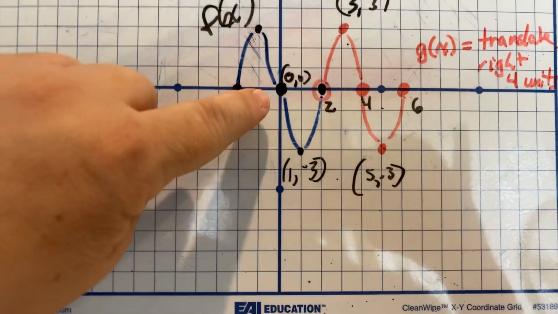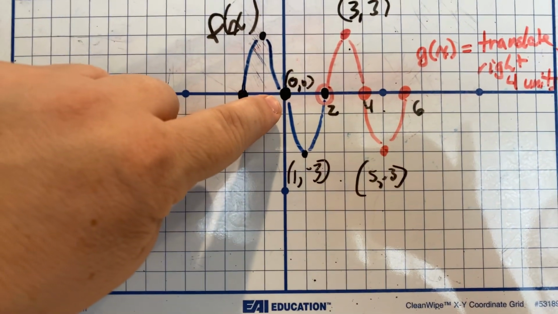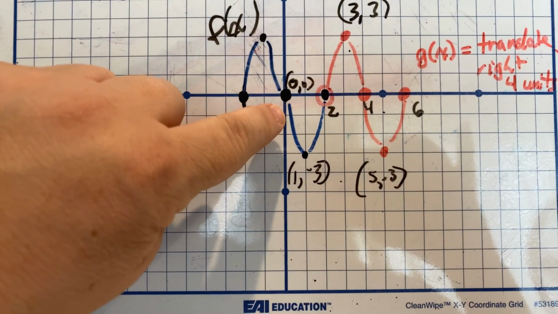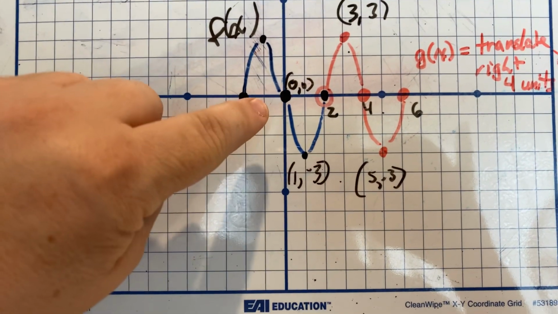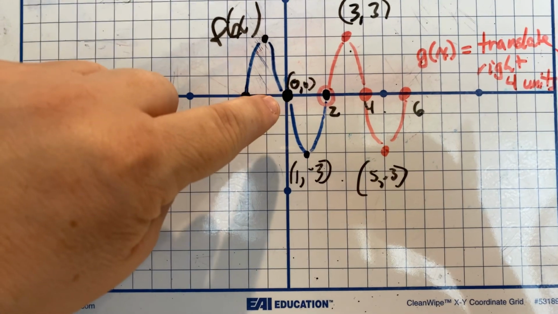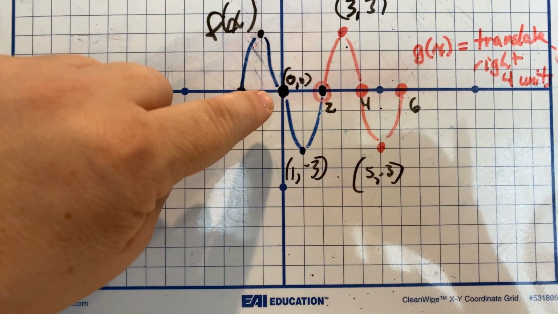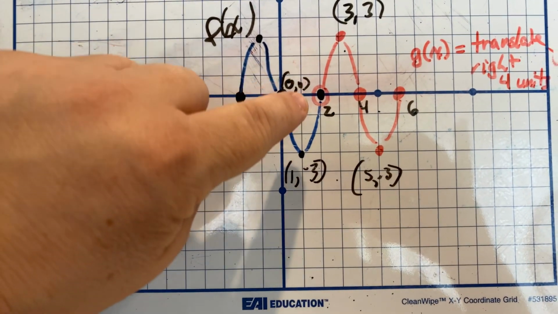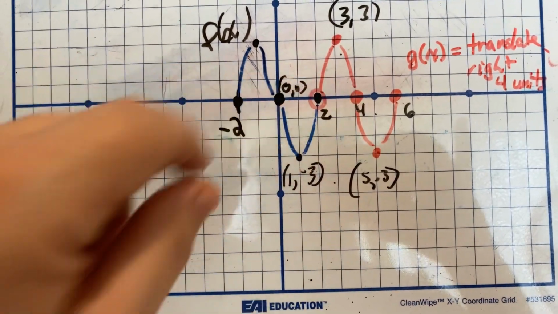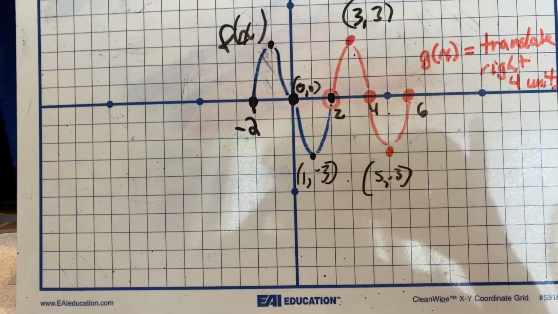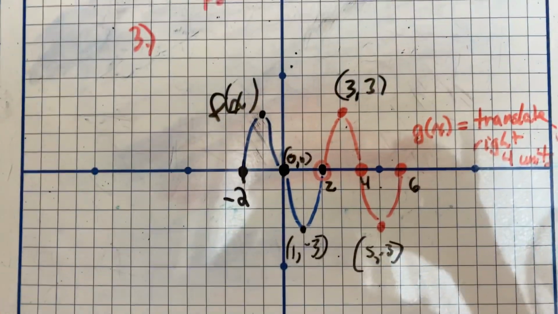Let's take a look at this point right here. Not a turning point, but where your graph appears to flip and rotate. Here we have 0, 0, the origin. If I go to the right 4 blocks, the new point is when x is 4, y is 0.